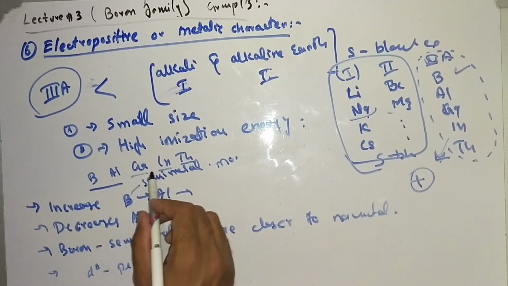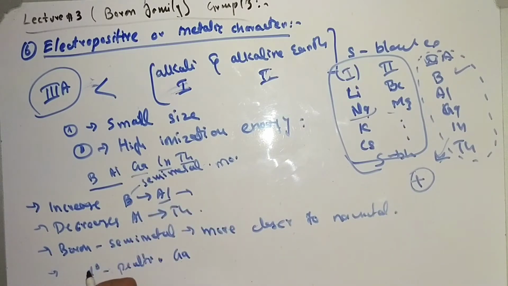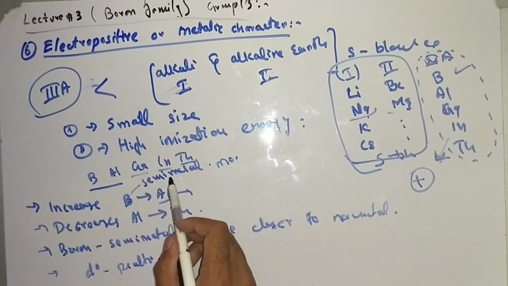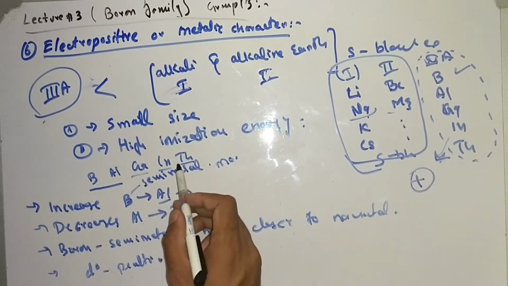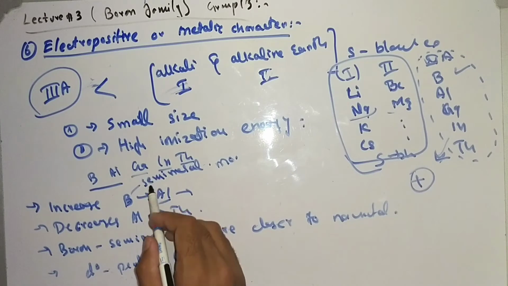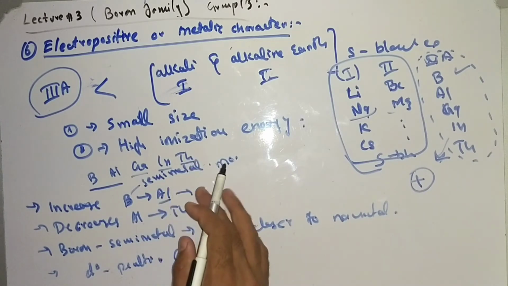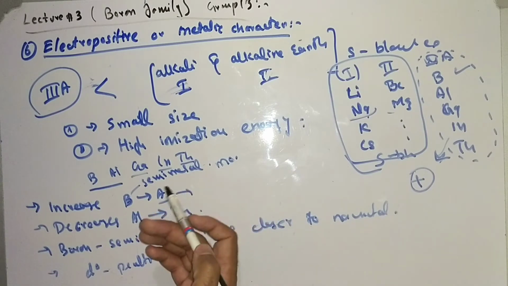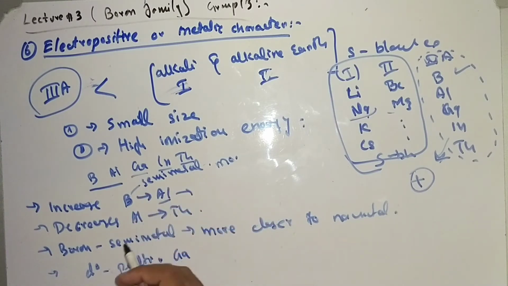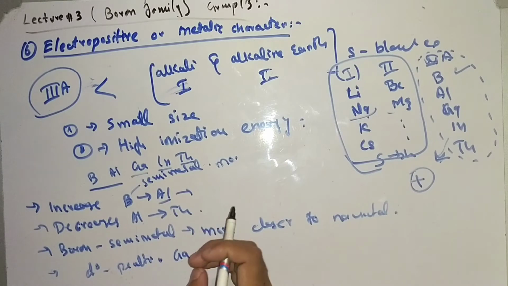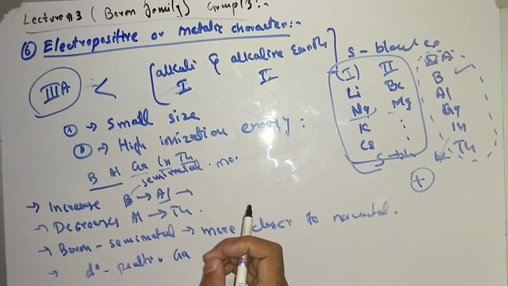In the case of thallium, there are d10 as well as 4f14 electrons in the inner shell. These do not shield effectively. I already explained in the first lecture that d and f electrons do not shield the nuclear charge effectively.